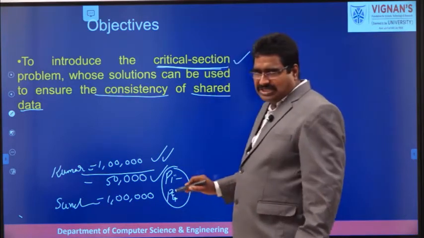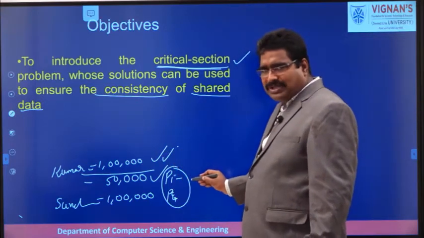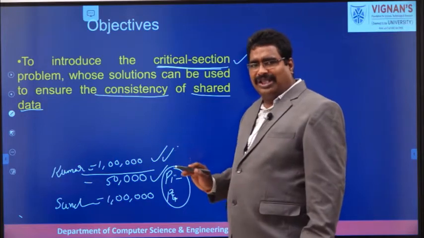Similarly, P2 takes Kumar's balance as 1 lakh rupees, adds 1 lakh rupees, and stores the result into Kumar's account.